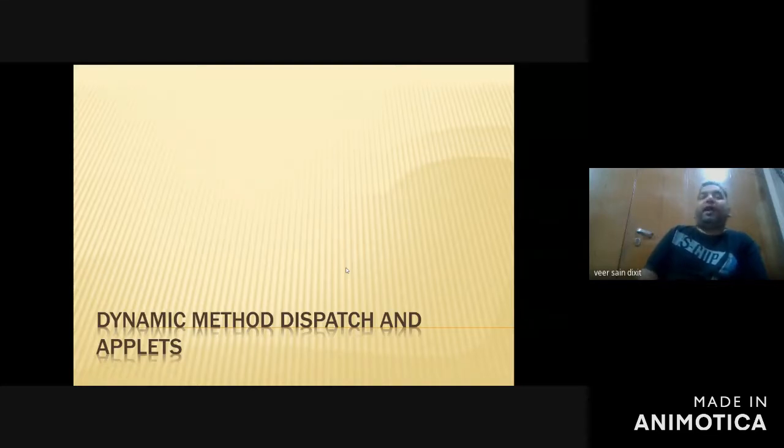Then at what time which method will be called, that is known as method overriding. When more than one method has the same name, the same number of arguments, the same return type, or you can say the same signature, that is method overriding.